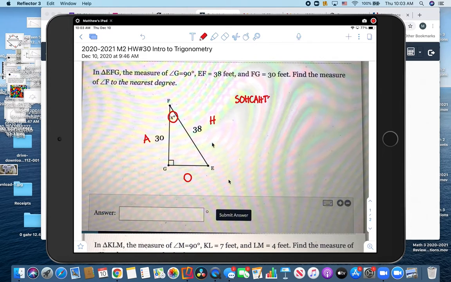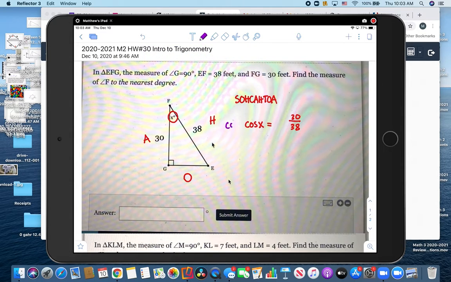So which one uses the adjacent side and the hypotenuse side? That is certainly cosine. So cosine of x is equal to adjacent over hypotenuse. Now, in order to isolate our x variable, which is our degrees, we have to eliminate that cosine.